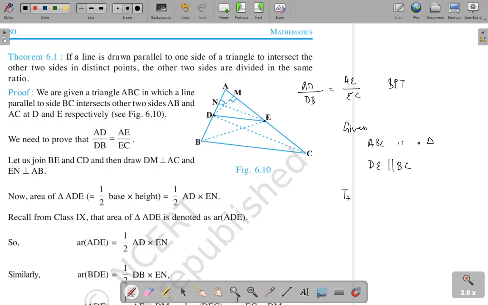Then you'll write what needs to be proven, or to prove. You have to prove AD upon DB is equal to AE upon EC. Basically, you have to prove the basic proportionality theorem. Okay? Then comes the proof.